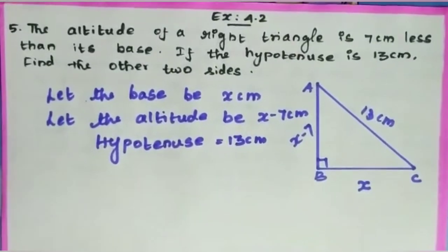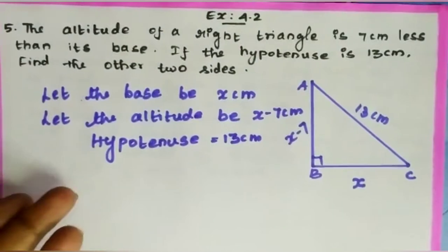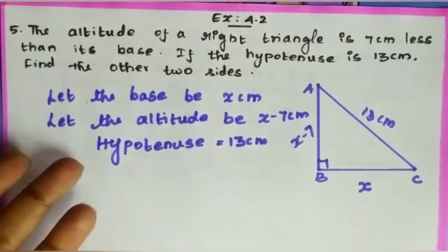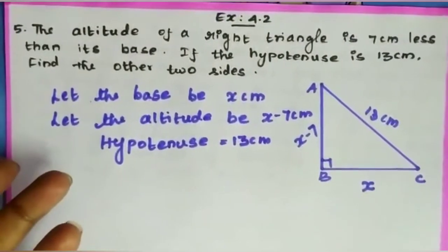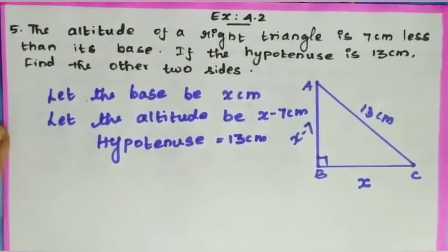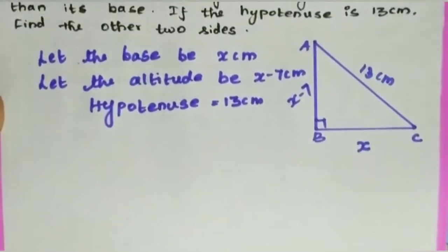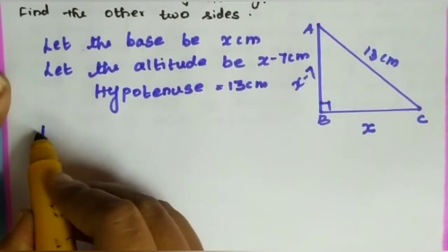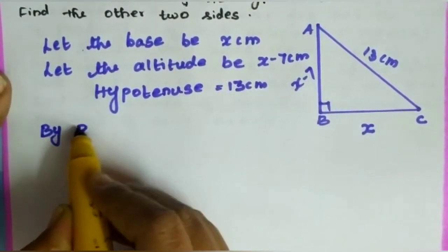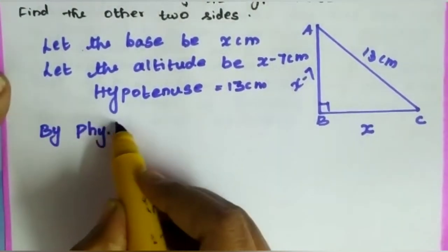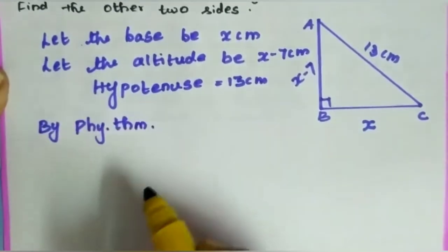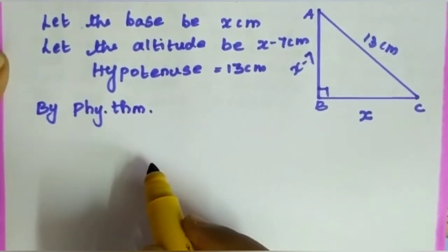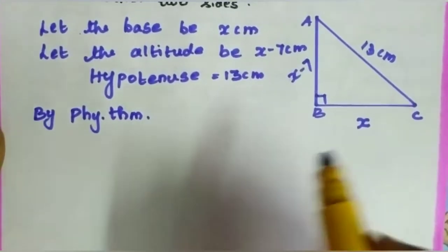We don't have any other statement here, so how can we frame a quadratic equation? By using the Pythagoras theorem we can frame a quadratic equation. What is the Pythagoras theorem?